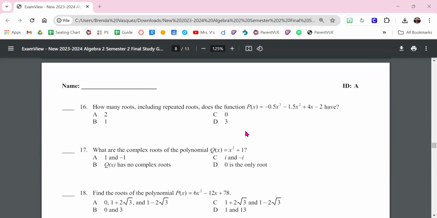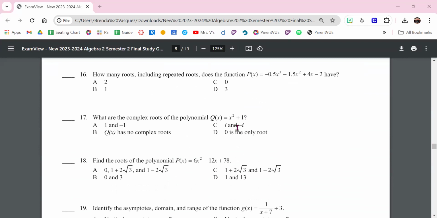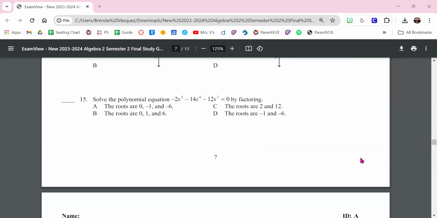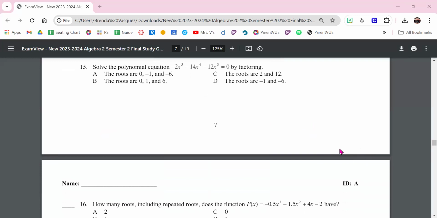The next one we have roots. The next one we have more complex roots. And the last one is to solve the polynomial using the roots. So I'm going to go over the last four of them tomorrow. I'm going to start the final on Wednesday. Seems like a plan? Yeah. Okay.